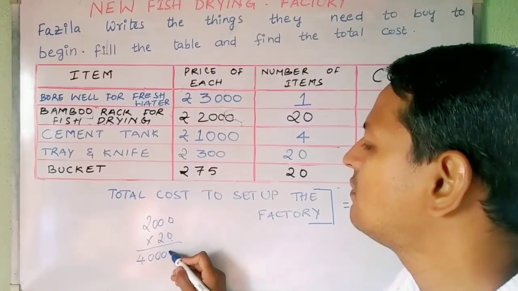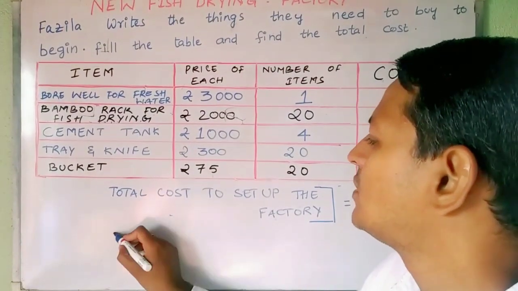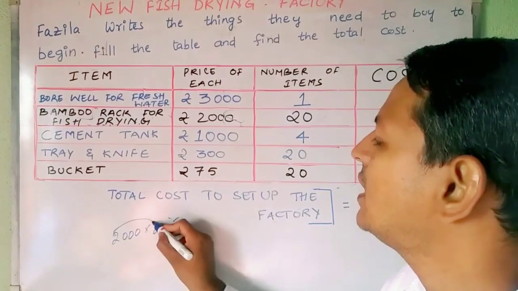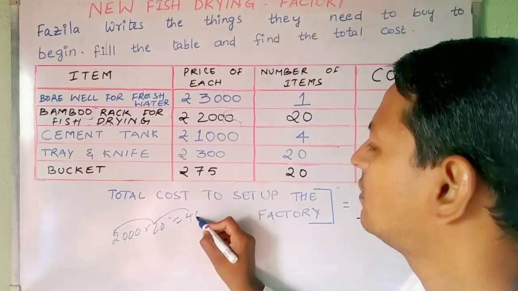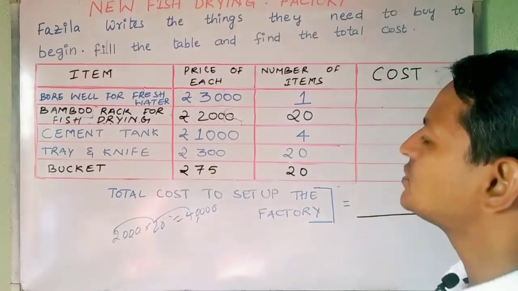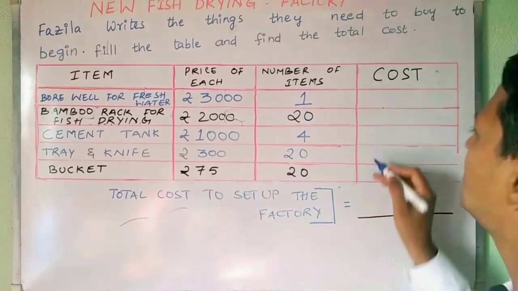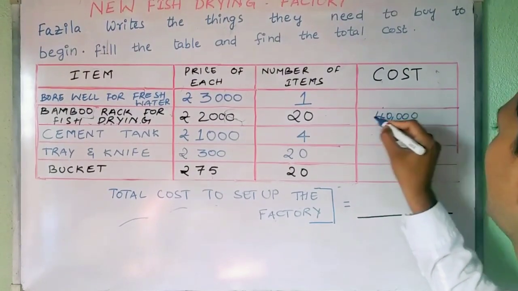Or 2,000 into 20, so 2 2s are 4, and four zeros. So 40,000 is required to set up the bamboo racks. So here you can write rupees 40,000.